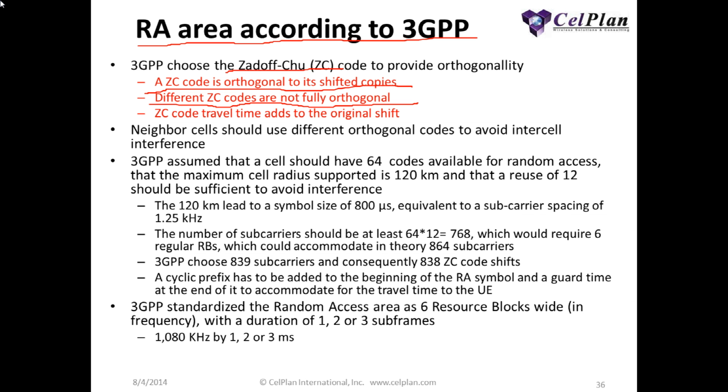And the travel time adds to the original shift of the ZC code. So basically, if we want orthogonal codes, we apply shifts to the ZC code. But these shifts will have an additional shift due to the travel time to and from the UE.